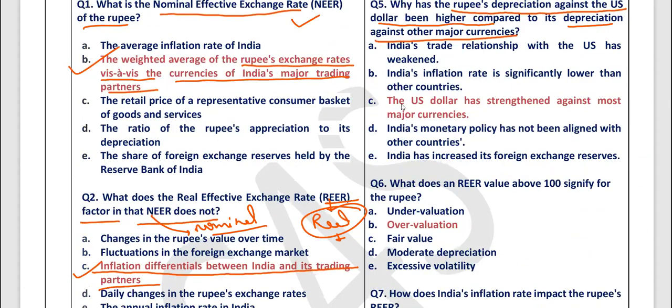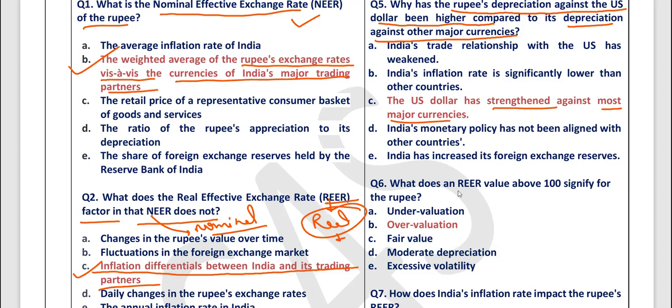So the answer was the US dollar has strengthened against most major currencies, or in reverse terms, most major currencies have lost their strength against US dollar.